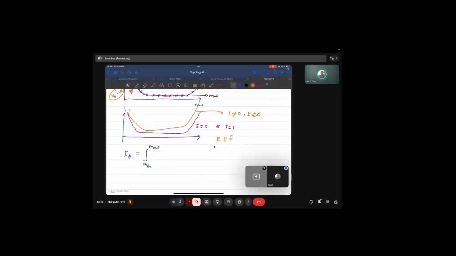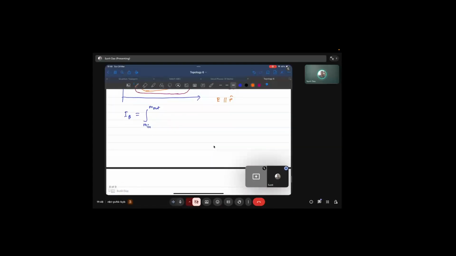So what we have is that the current goes from, I mean, the angular momentum number goes from M in to M out, and we are integrating over dm because that is how many states there are, right? And then v theta. So what we have is dm by 2 pi, and v theta is just, sorry, this is 1 over h bar del epsilon del m.